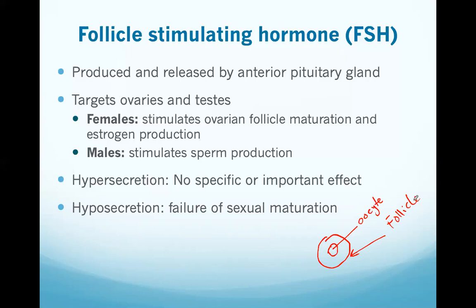Again, how it does that: if you have low FSH, the oocyte and the follicle cannot mature, which basically means there is no egg to be fertilized. And in the case of males, if the sperm level is low because of low FSH, the chance of the sperm being able to effectively fertilize an egg significantly declines.